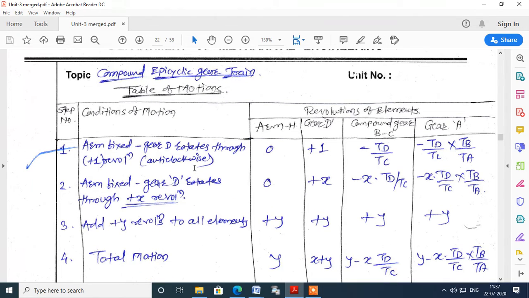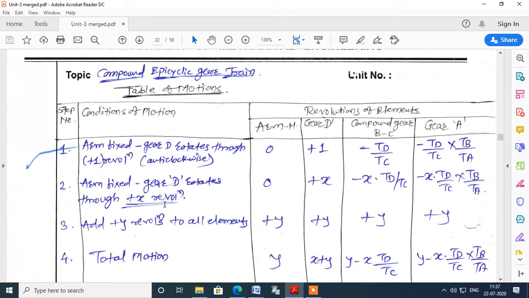As per our usual method, arm is fixed, gear D rotates through plus 1 revolution anticlockwise. So arm is fixed means revolution is 0, gear D is plus 1. For BC it is minus TD by TC, and for gear A it is minus TD by TC into TB by TA. Correct? We have to find out the speed of A.